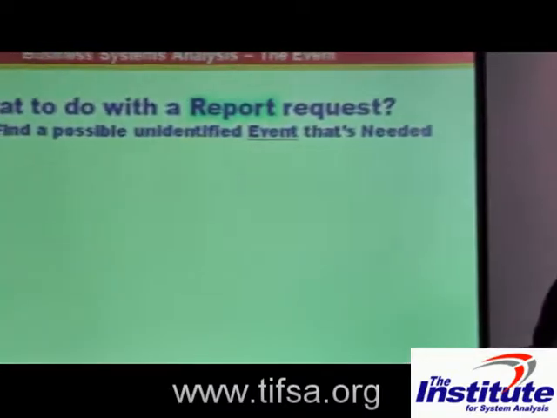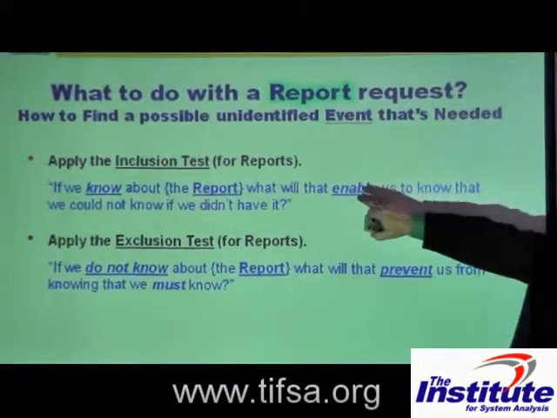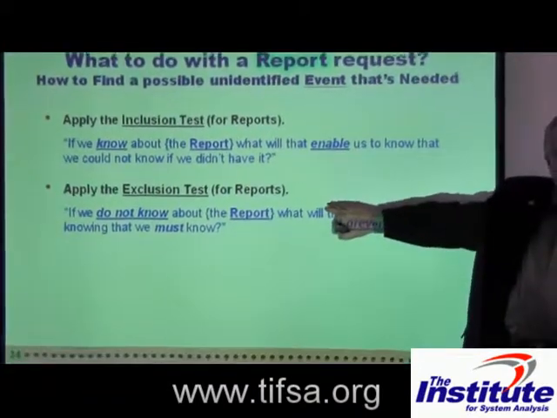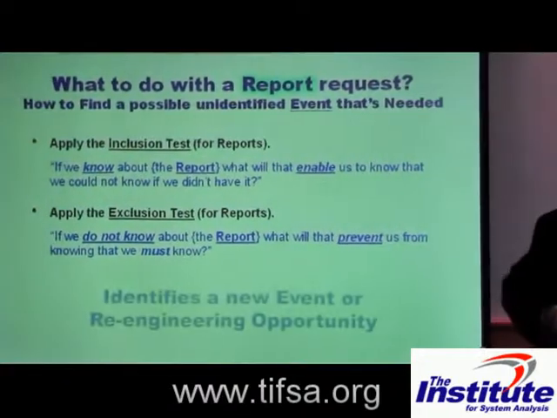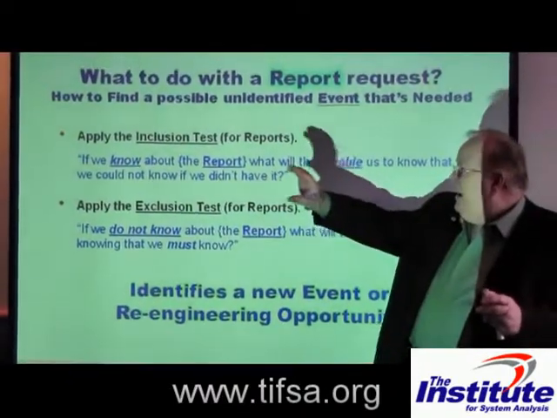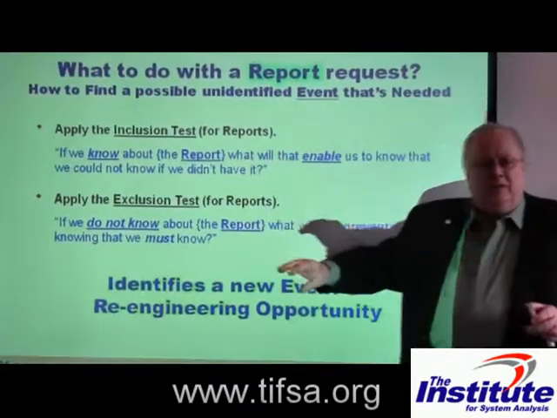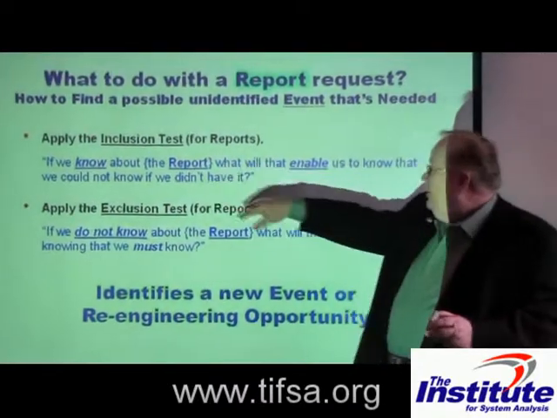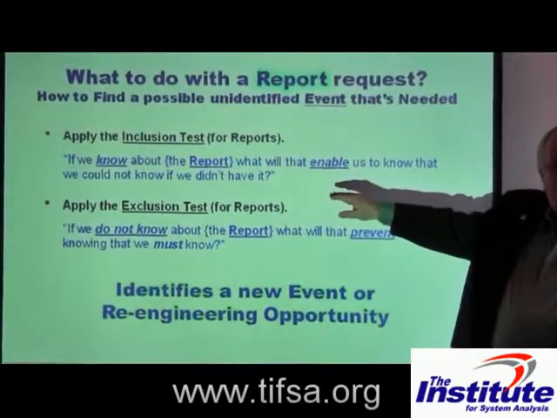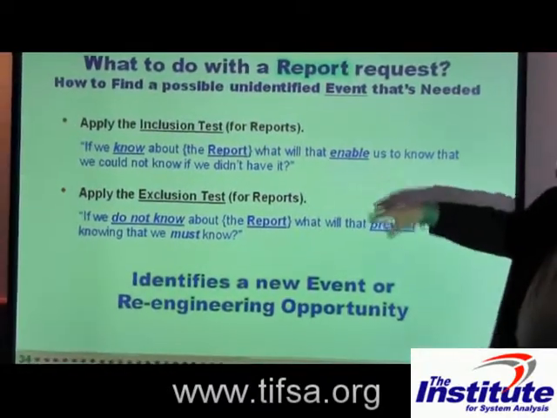And what we need to do is, of course, apply the inclusion or exclusion tests for the report. So we can say, look, if we have or know about the widget sales in the Northwest region, what does that enable us to do that we have to be able to do?